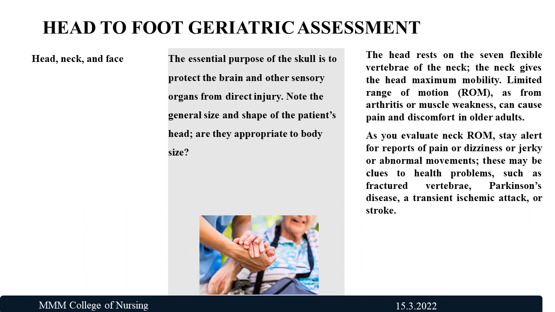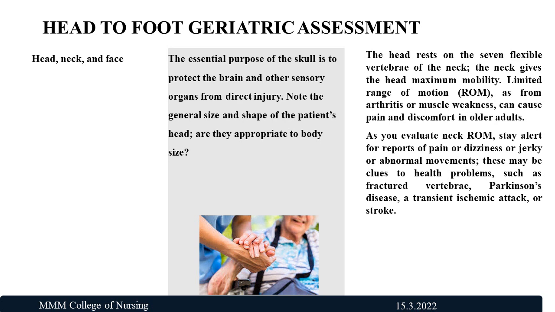And now see the head, neck and face. The essential purpose of the skull is to protect the brain and other sensory organs from direct injury. Note the general size and shape of the patient's head. Are they appropriate to body size? The abnormalities: the head rests on the 7 flexible vertebrae of the neck. The neck gives the head maximum mobility.